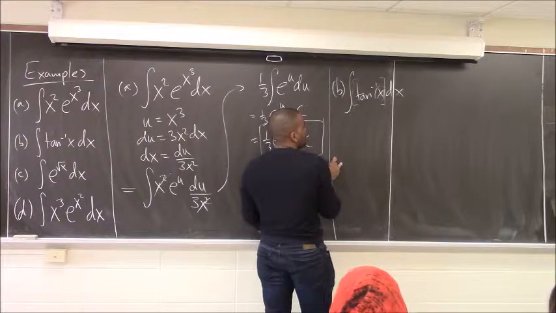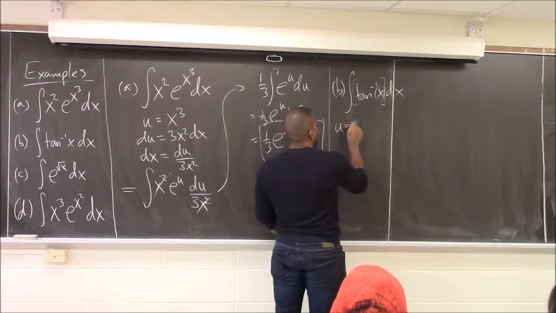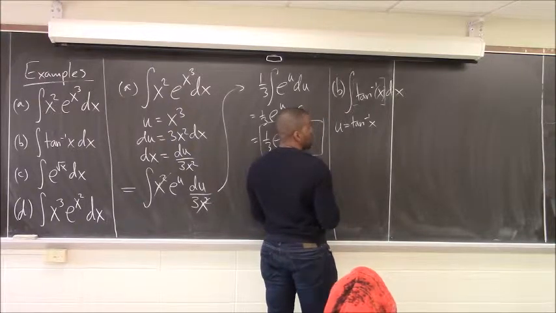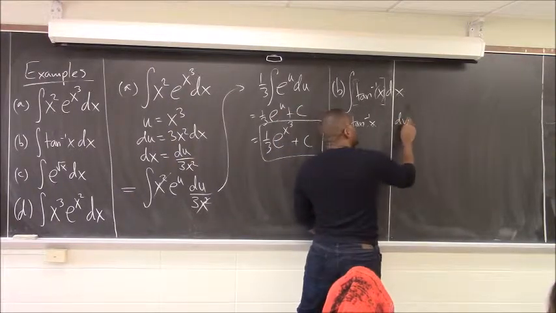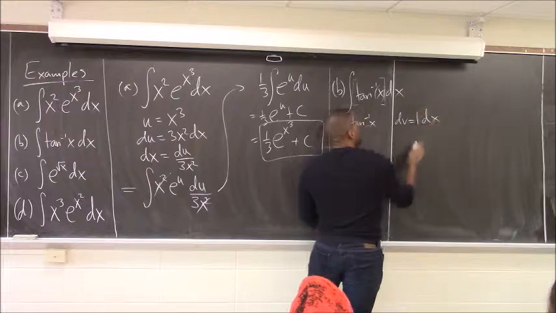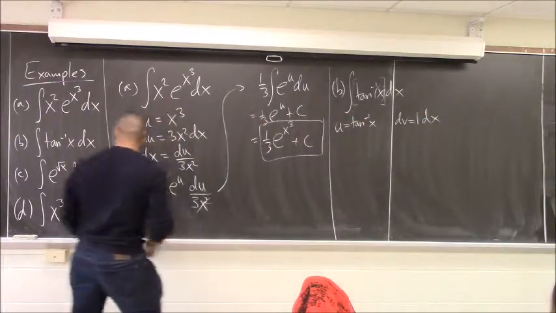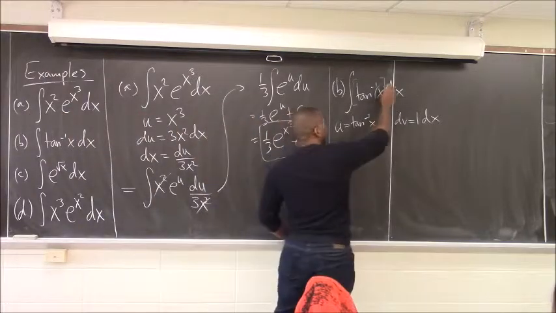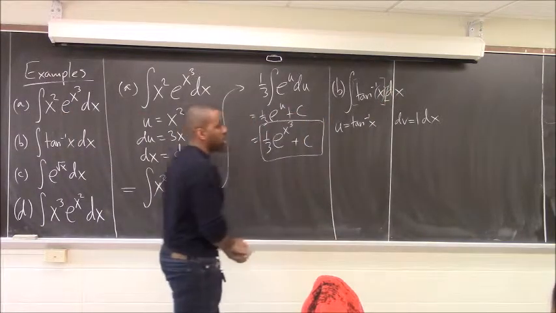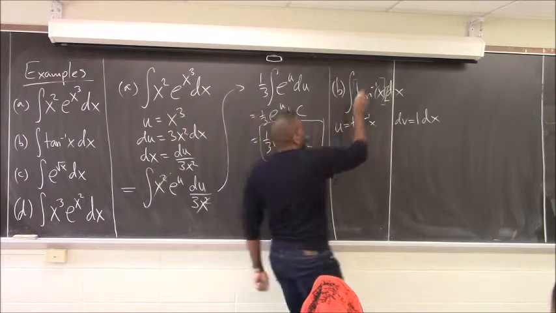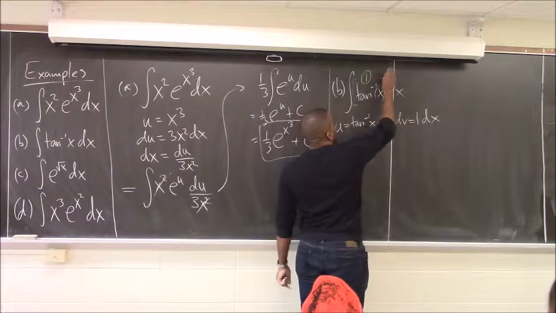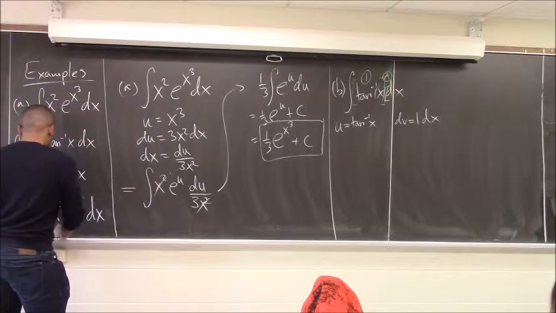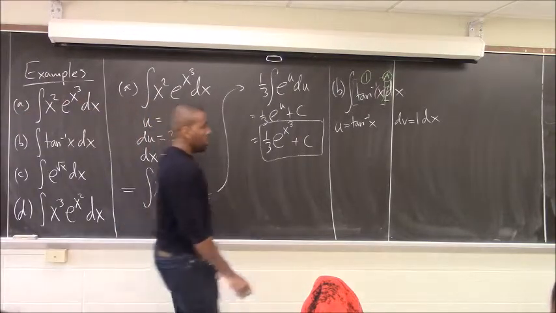So we definitely don't know how to integrate tan inverse, so that has to be our u. And our dv would be chosen to be 1 dx. We did a similar one to this, where we looked at sine inverse of x. Just pretend that there's a 1 here. And so here you have an inverse trig, here you have an algebraic. So your inverse trig gets to be the u.